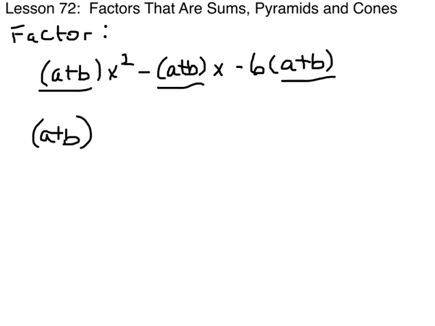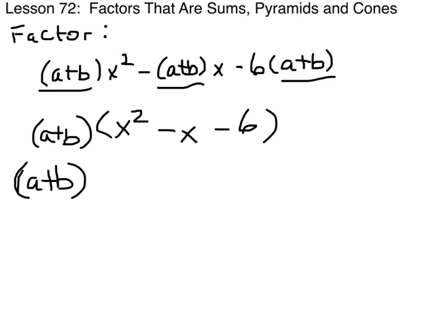That's the common factor. And then we're going to see what we have left after we've done that. Well, we'll have x squared minus x minus 6. So we're just going to bring this down and leave it like it was. And then we're going to factor this.